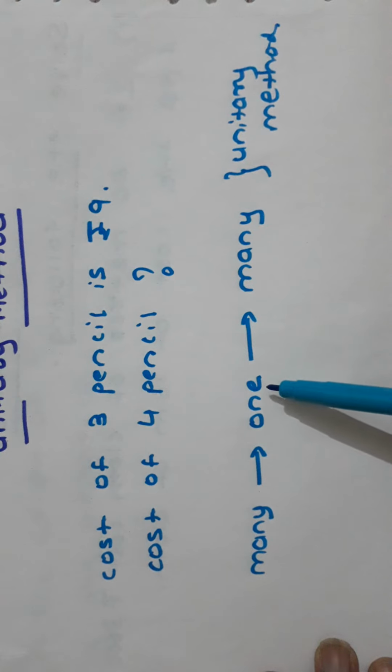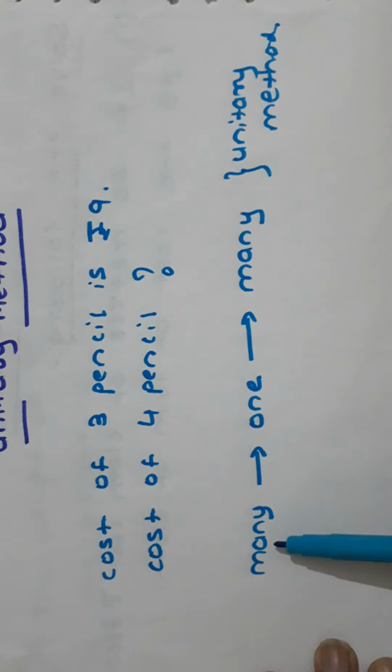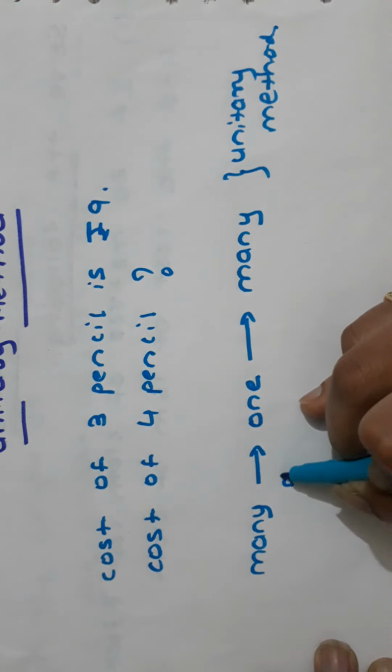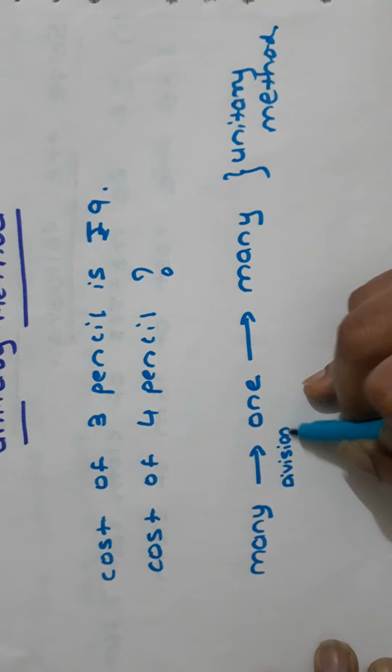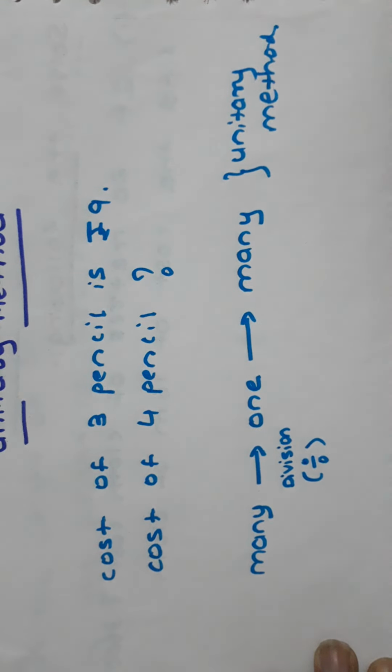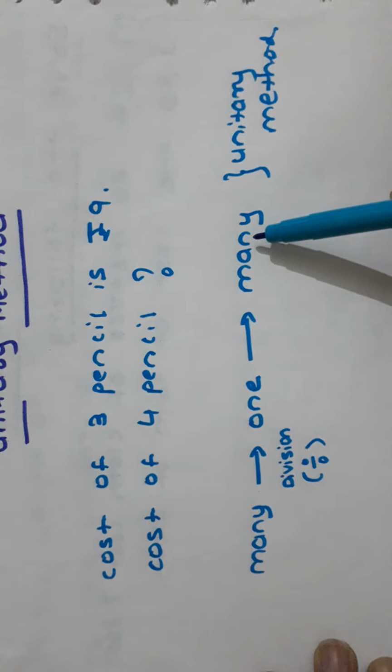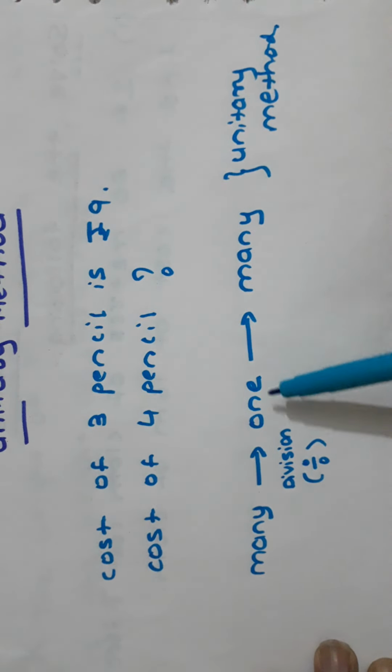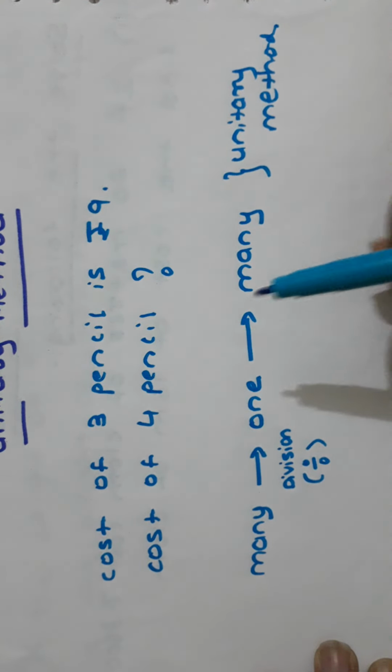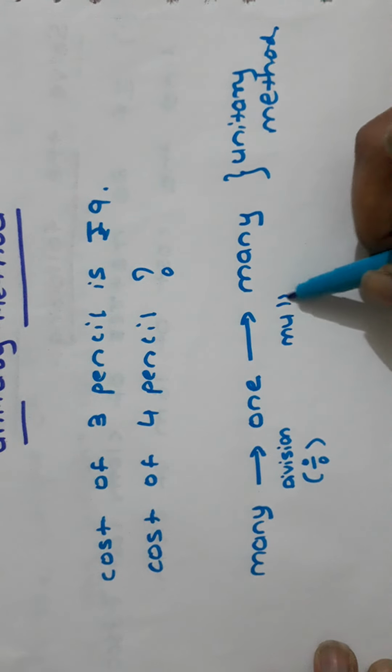To find the cost of one article from the cost of many articles, we will use division, and to find the cost of many articles from the cost of one article, we will use multiplication.